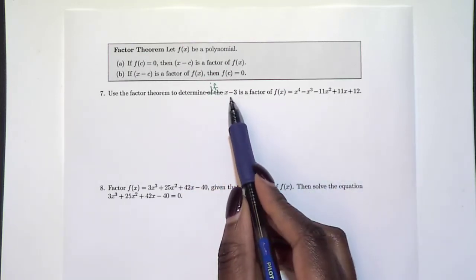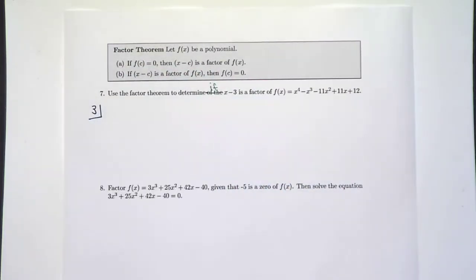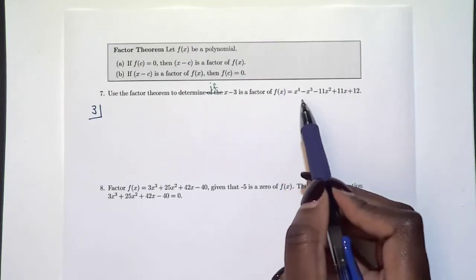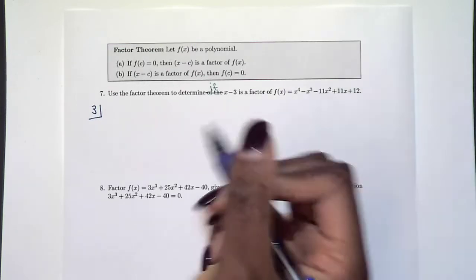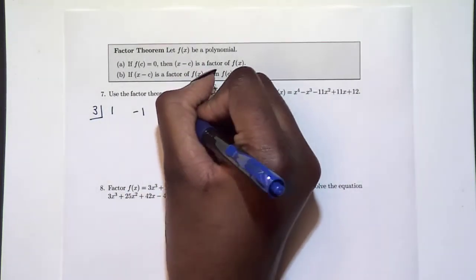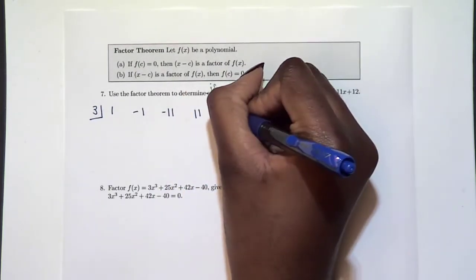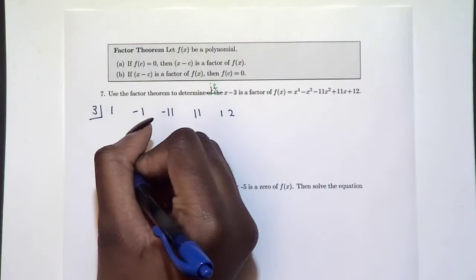Well, let's see, can we divide this? Can we put 3, so remember it's always the opposite, can we put 3 in our box and get 0 as the remainder? Well, let's see. These look to be in the right order, so I'm going to put my coefficients here. 1, -1, -11, and 12. Skip a space.